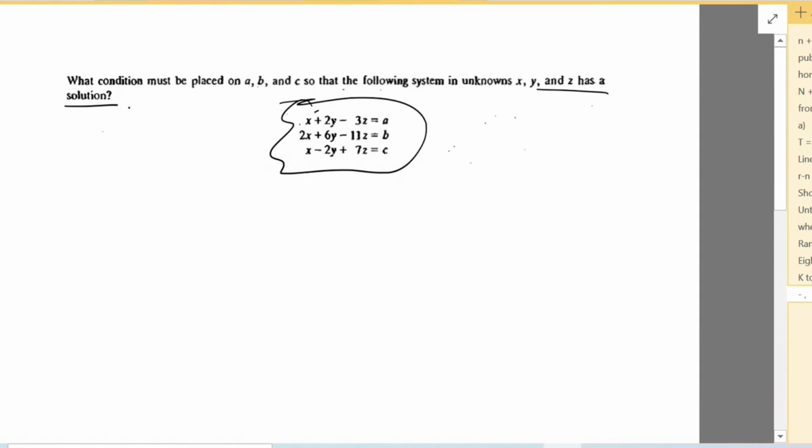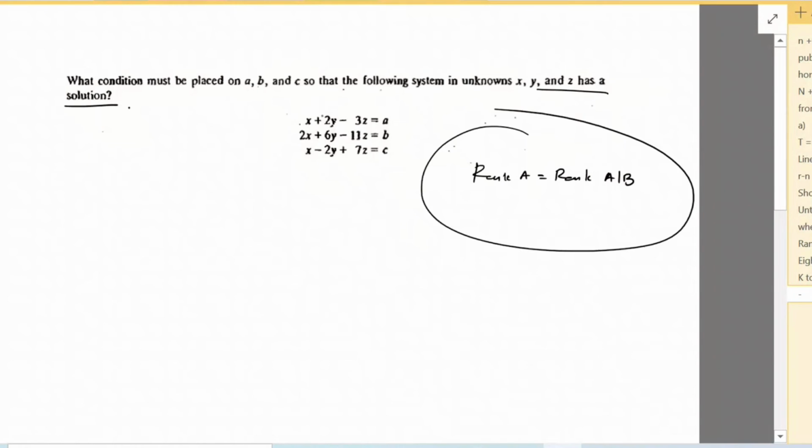We know that the system has a solution only when rank of A equal to rank of AB. Then only the system is consistent.